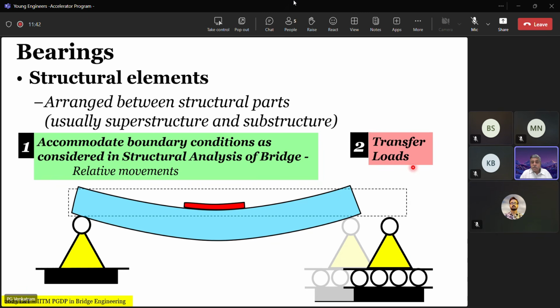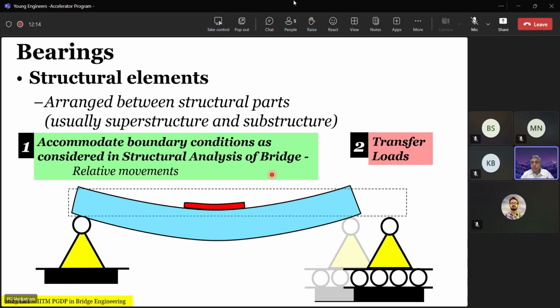Apart from boundary conditions, they also transfer load, because without transferring load from superstructure to substructure, the purpose of the bearing itself would be lost. So bearings transfer loads and allow relative deformation between superstructure and substructure in a predetermined fashion, so that you can model them as boundary conditions in your structural analysis.